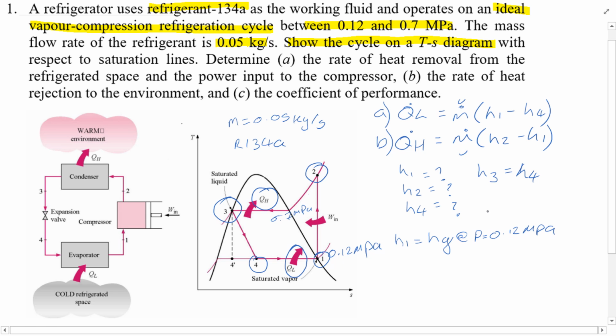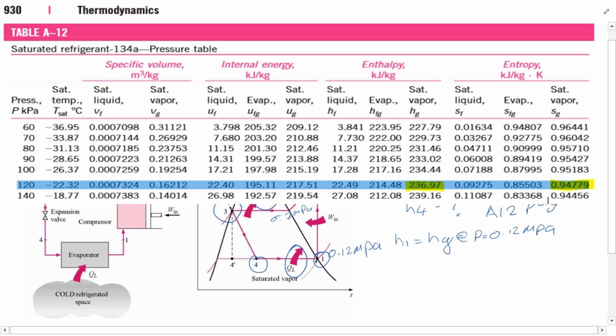This can be found using table A12 on page 21 of the thermodynamic property tables booklet, and it gives a value of H1 equal to 236.97 kilojoules per kg.